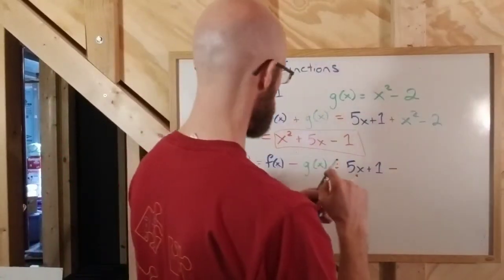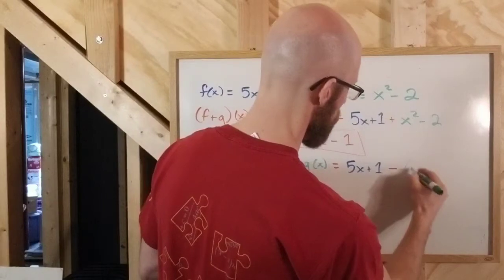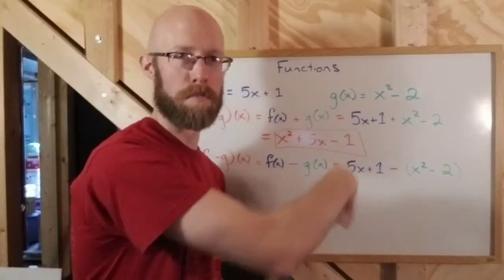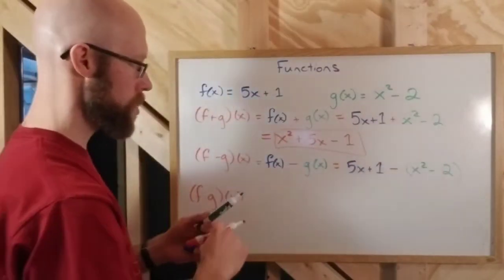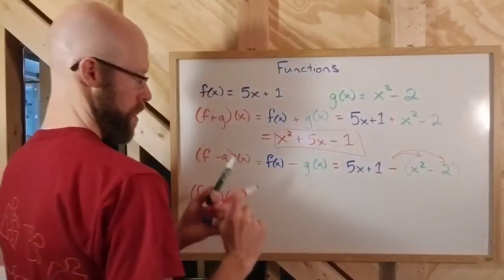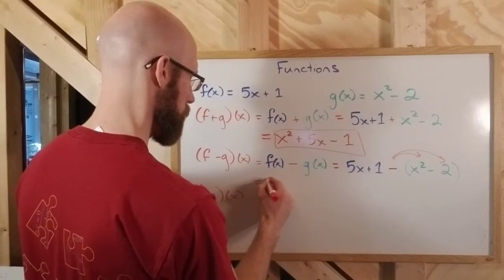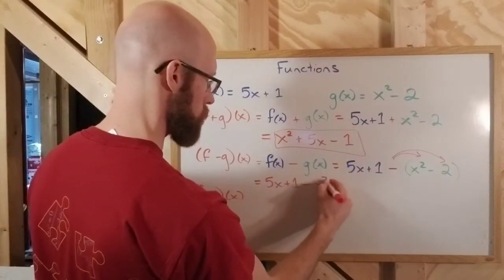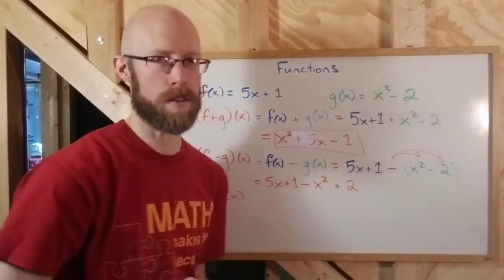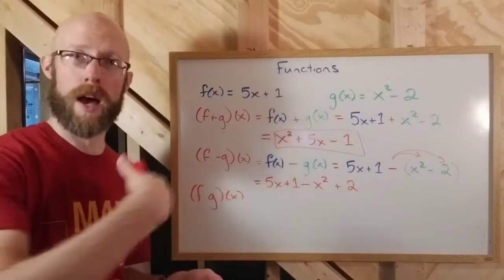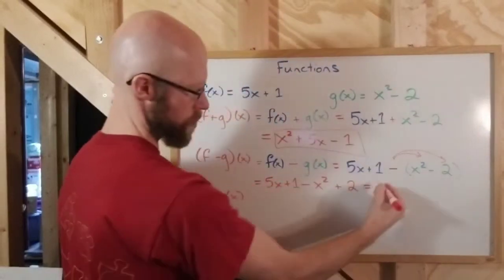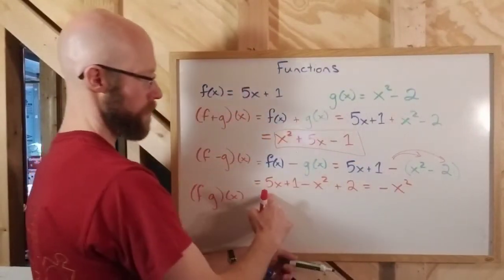So I like to put the g of x, whatever the following one is, in parentheses, so that I know that that minus applies to the whole thing. Then I distribute the minus, okay, and that's going to give me 5x plus 1 minus x squared plus 2, right? Negative x squared and negative negative makes positive 2. And then I combine my like terms. So after distributing, then we combine things. We're going to get a negative x squared. We're going to get a 5x.